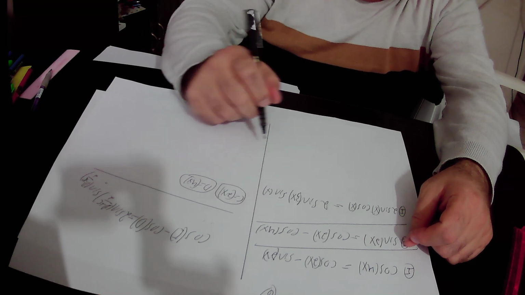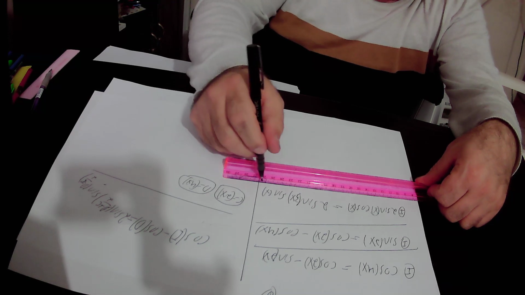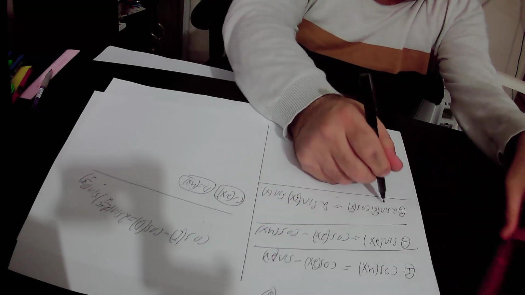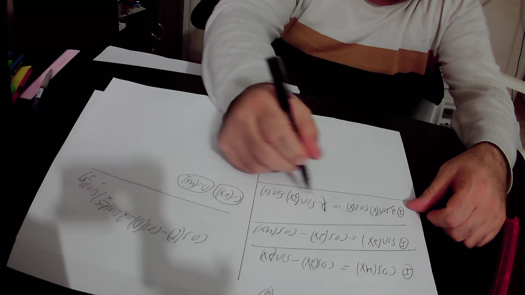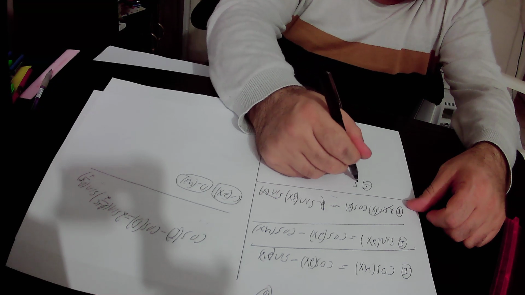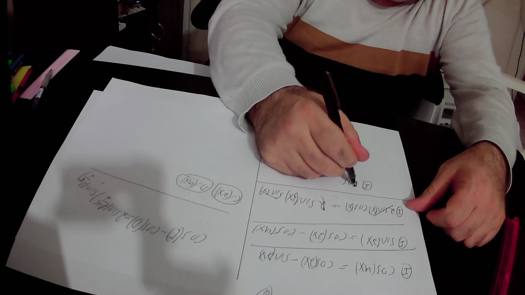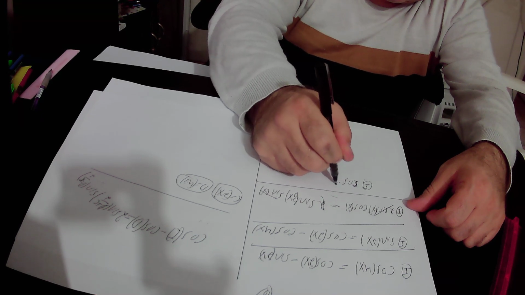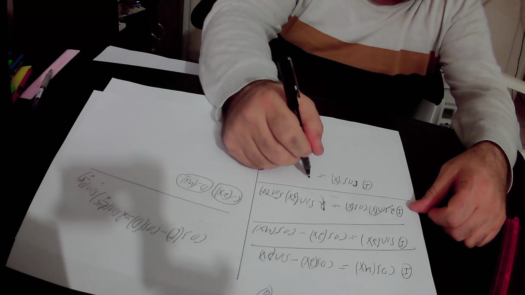Okay? So here we will divide this equation number 1 by 2 sine x. And we will get that cosine x equals sine 3x.